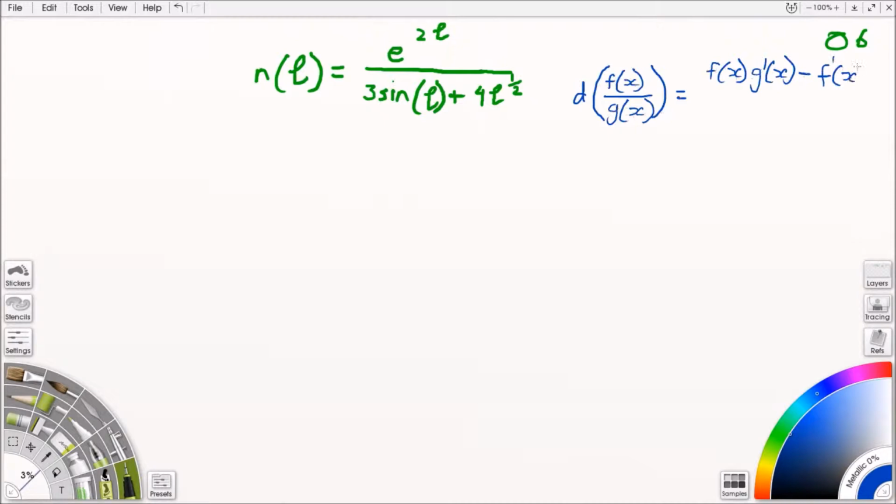I think, yeah. Now, oh, that was a yucky one. That's a bit better. I think it's just g of x squared. And it's okay to make mistakes while doing this.